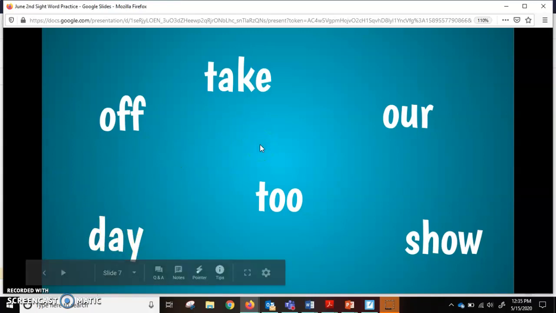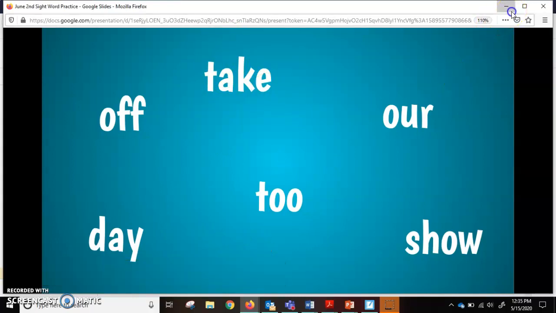How about show? Can you find the word show? It's down in the corner. Let's try the word are. Here's are. And how about the word take? Here's the word take. Great job.